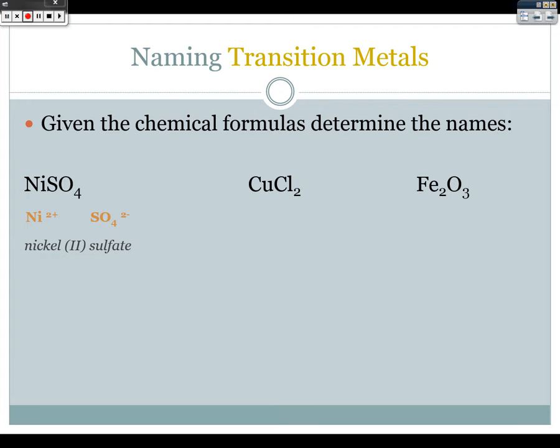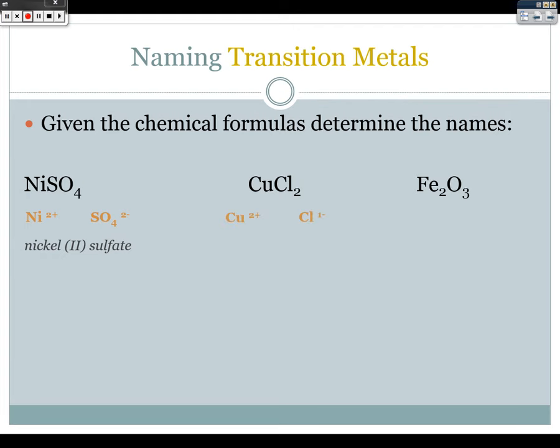Now I had to use 2 chlorines to balance out and neutralize the copper. Chlorine, we know from the periodic table, has a -1 charge, but I needed to use 2 of them, so my total negative charge is going to be -2, which means that you needed -2 to counterbalance the total positive charge, which would have been then +2.